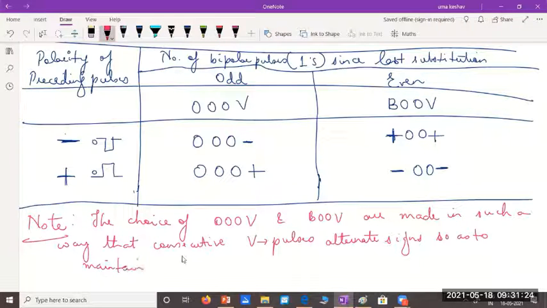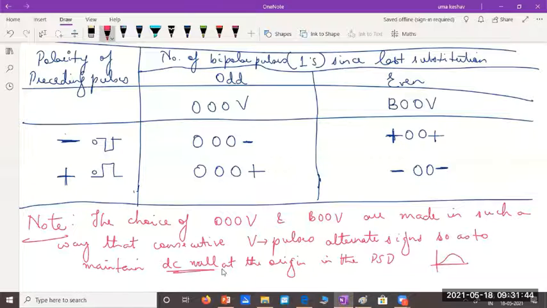Maintain the DC null at the origin in the PSD. Remember, bipolar signaling has DC null at the origin. It will be represented like this.